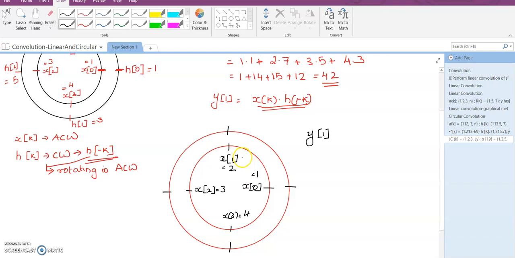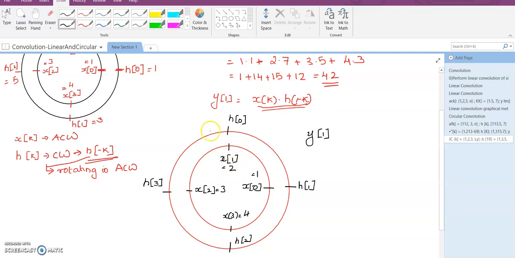Such a signal is rotated in the anti-clockwise manner, so this becomes h of 0, this becomes h of 1, this becomes h of 2, and this becomes h of 3.